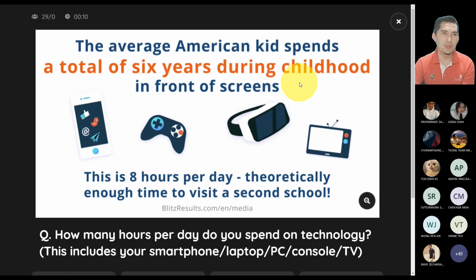Your childhood is only about 11 or 12 years, and half of it is spent in front of screens. This is shown as 8 hours per day, theoretically enough time to even visit a second school. Meaning, if you compile all the time that you spend in front of screens, it is similar to going to one school and attending a second school.